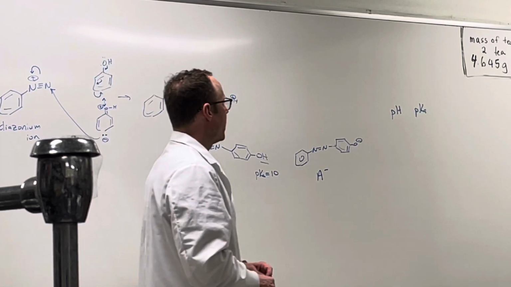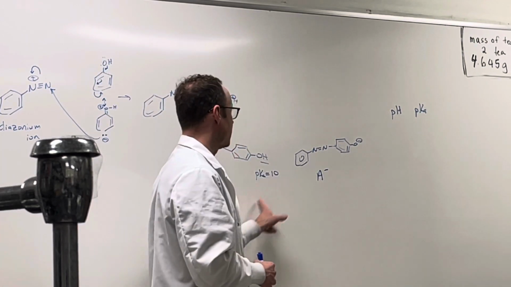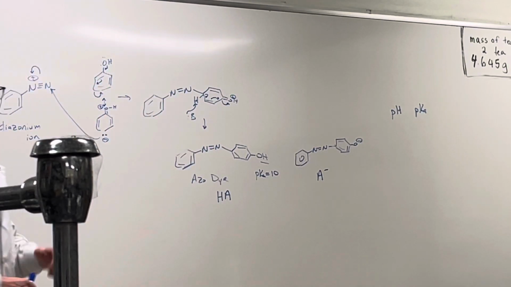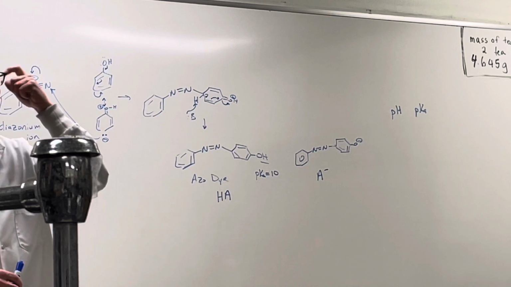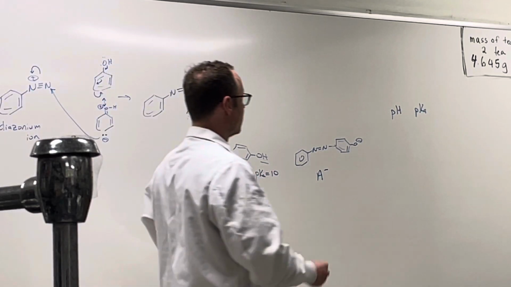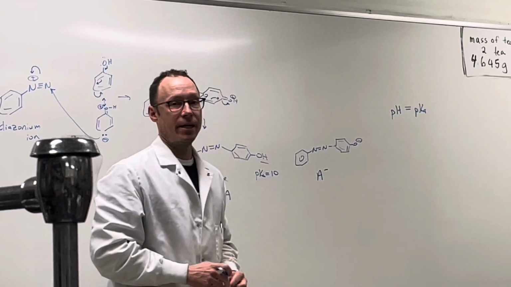So under what conditions of pH am I going to have equal amounts of these two things in solution? 7. It's the most common answer I get all the time, and it's not. It depends on the acidity of the ionizable group. The only time you're going to have equal amounts of these in solution is when the pH is equal to pKa.